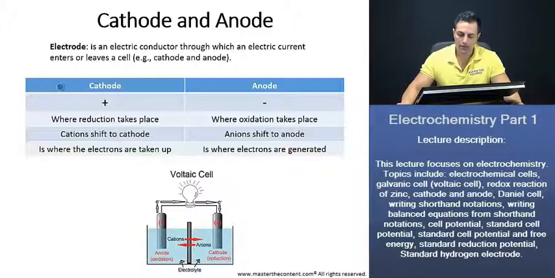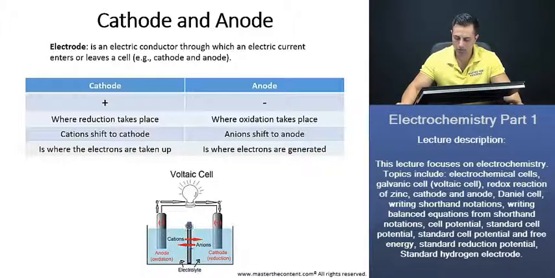Okay, great. Let's talk about the cathode first, then the anode. The cathode is given a positive sign, just as we see here, and this is where reduction takes place. The cations shift to the cathode, so we see a cation shift taking place going to the cathode.